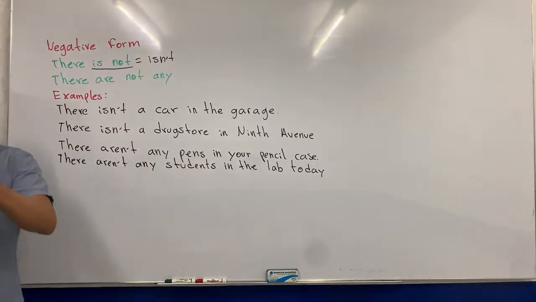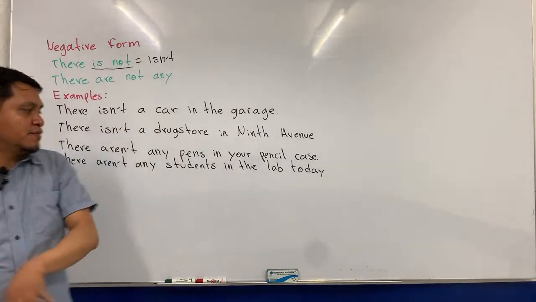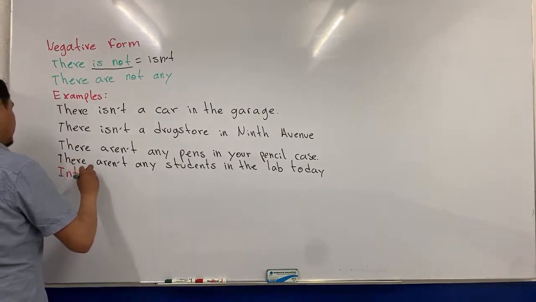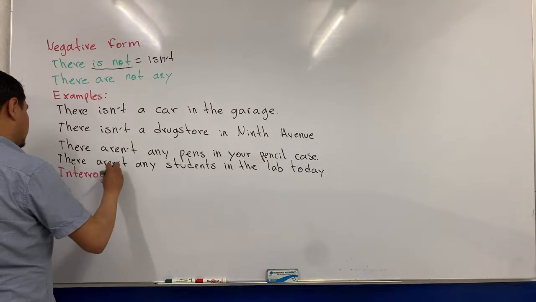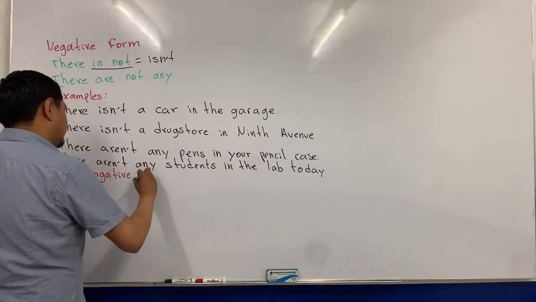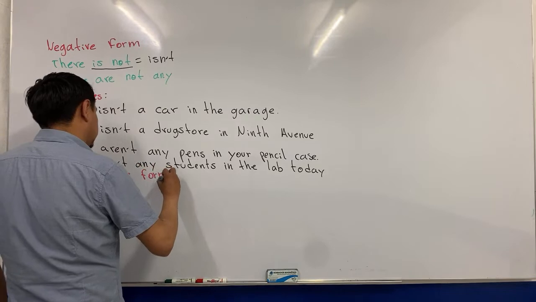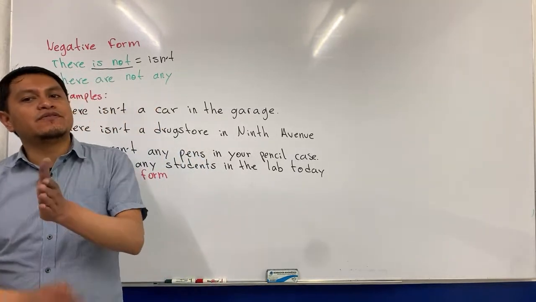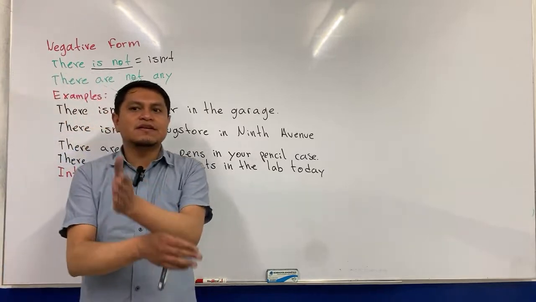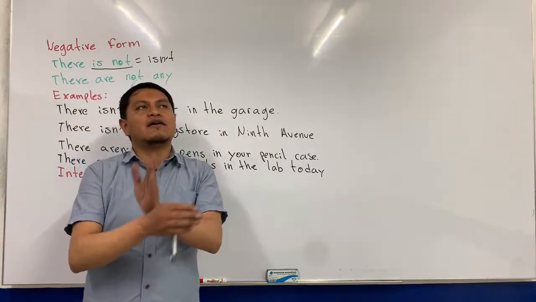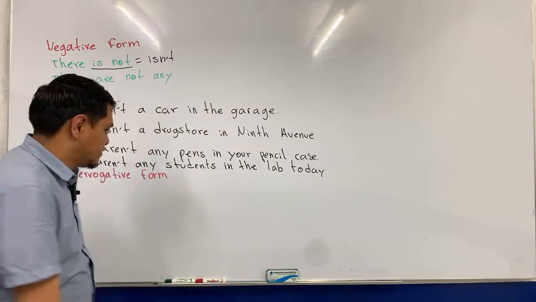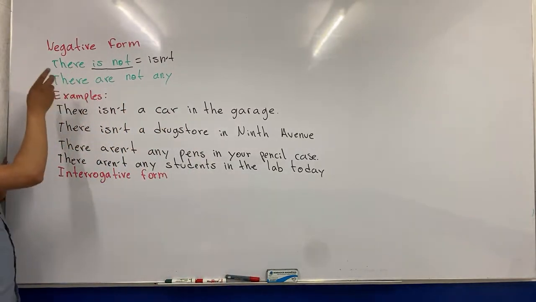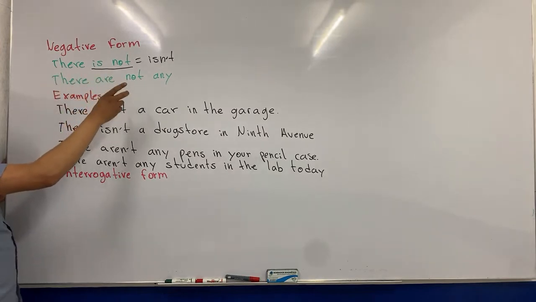Now this is the turn of interrogative form. When we use the interrogative form, is there or are there any? Check this. For affirmative, we use there is.